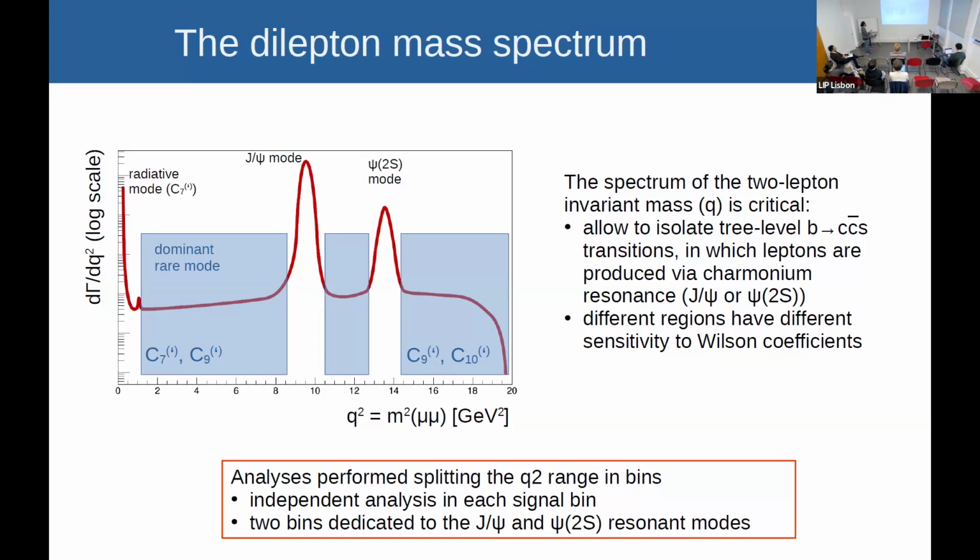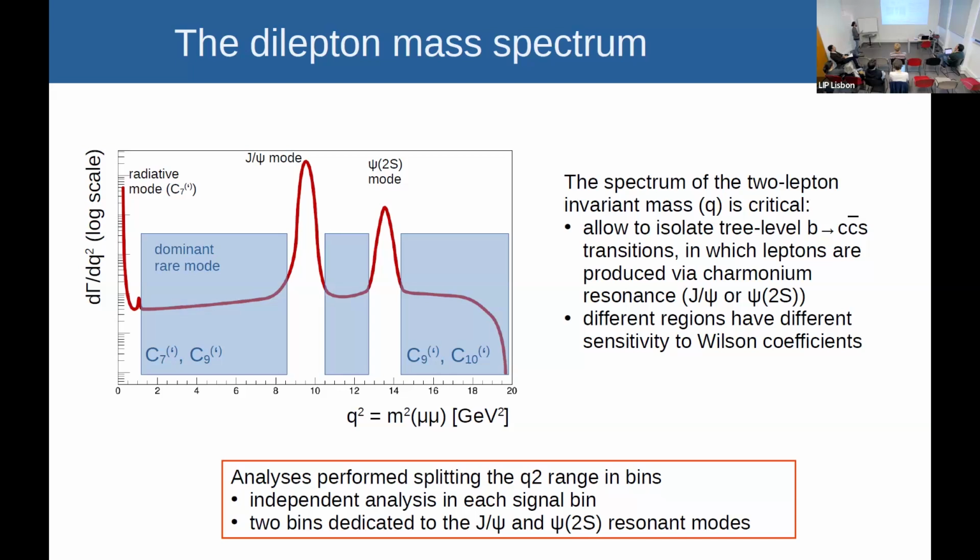Then you can see here that we have regions where the rare mode, the non-resonant mode, is dominant, and the influence on this rare mode of each Wilson coefficient will depend also on the region of q squared. You can see that at low q squared, C7 and C9 are the most dominant, while at high q squared, the decay is dominated by C9 and C10 and their prime versions.